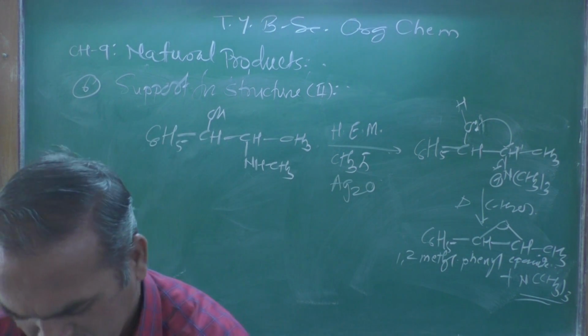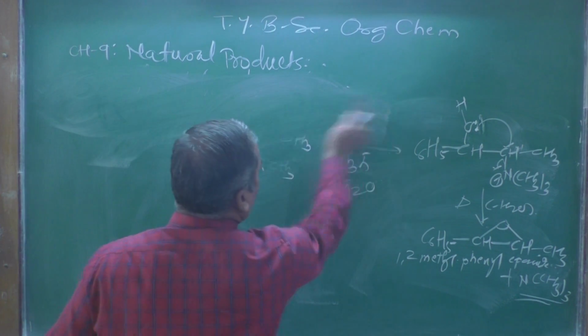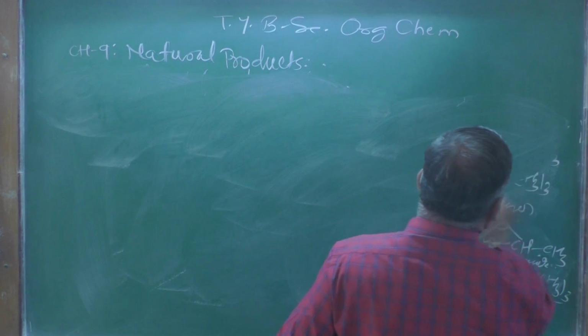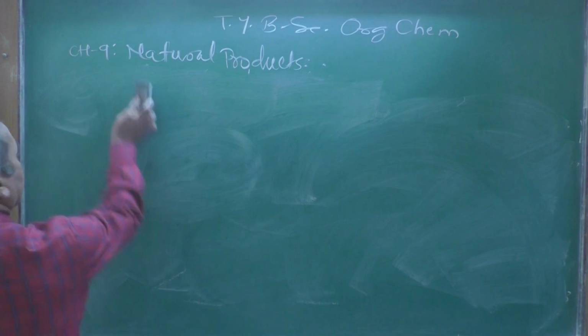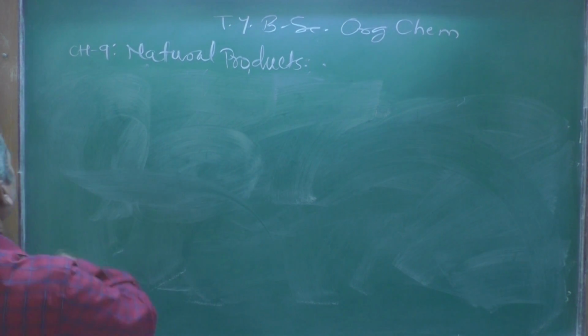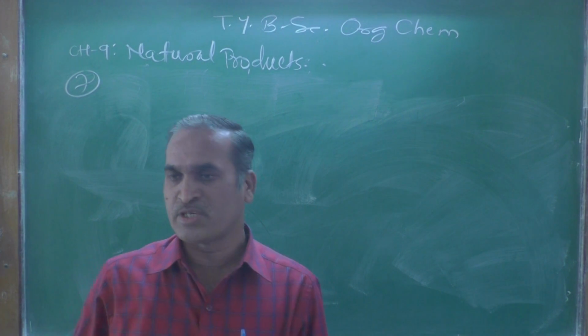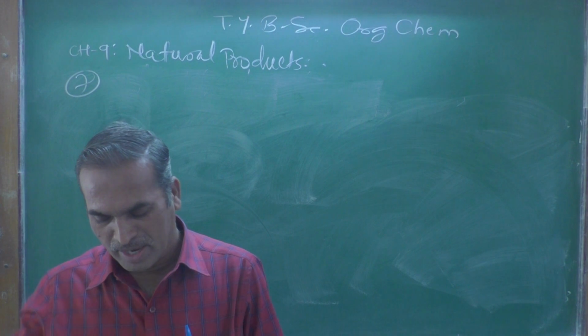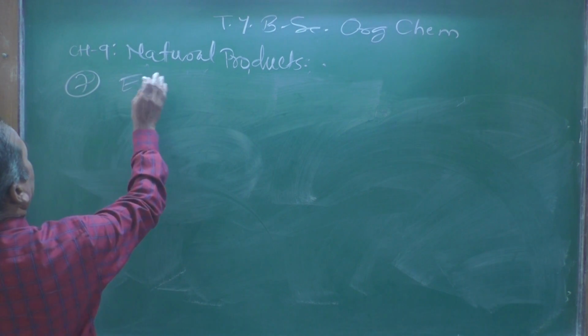synthesis. Let us see the last point, which is synthesis, that is the seventh point which we are going to discuss over here. Now this is point number 7, synthesis of ephedrine.